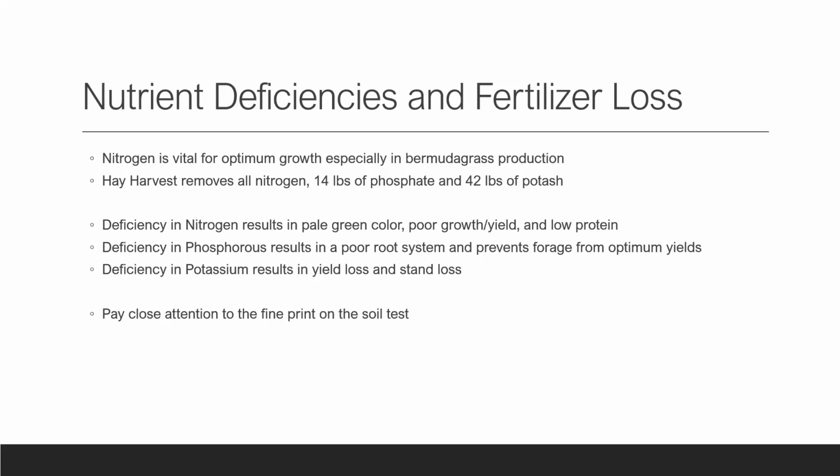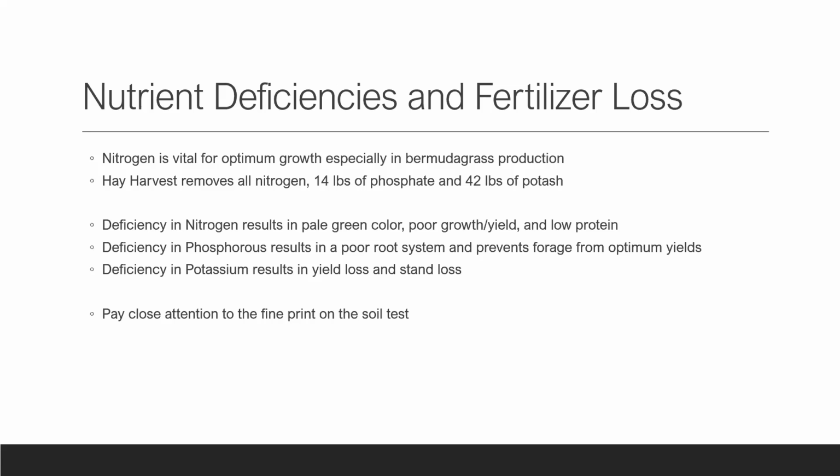Well, let's say we get some good summer rains and you're moving on to that second hay cutting. Number one, there's not any nitrogen available, none whatsoever. You're at 0 parts per million. Whatever phosphate's left, you removed an additional 14 pounds of phosphate, and whatever potash is left, you removed an additional 42 pounds of potash from that soil on our second hay cutting.